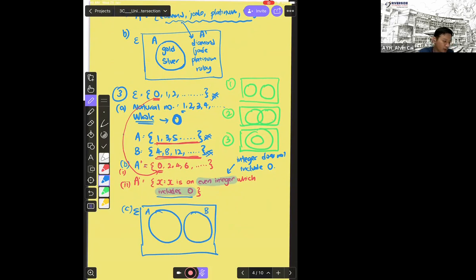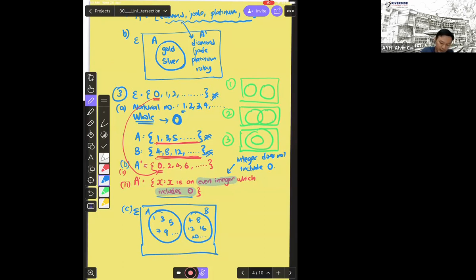So I draw a universal set, draw an A, draw a B. Nothing in common. The tricky part over here is that there are unlimited numbers, so how do we draw it? We can just list down a few: 1, 3, 5, 7, dot, dot, dot, then 4, 8, 12, 16, 20, dot, dot, dot.